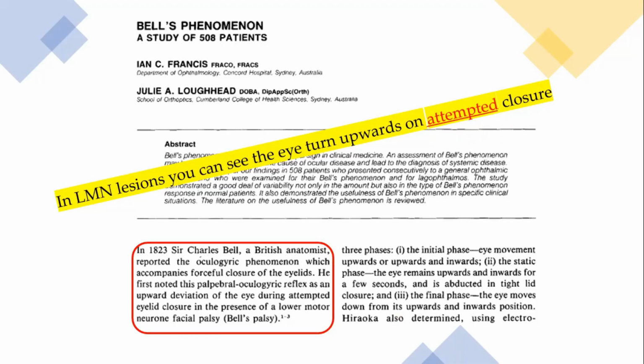In afferent pupillary defect, for example, when you shine the light, there will be no response because the afferent is already affected. But here in Bell's palsy, despite the insult to the facial nerve and the attempted closure, you will get upward movement of the eyes.